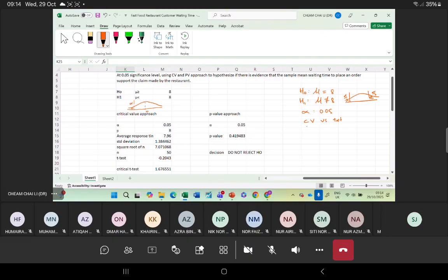If you have two tails, right? So you just type equals T.INV.2T, right? And then you open the bracket, you put in alpha only, 0.05, and degrees of freedom 50 minus 1, right? So this is your critical value. Two tail.